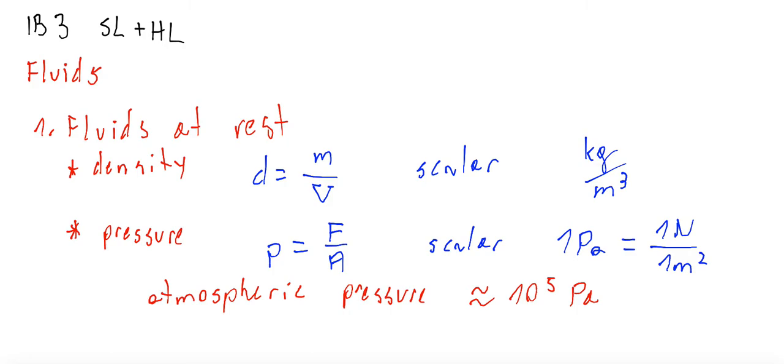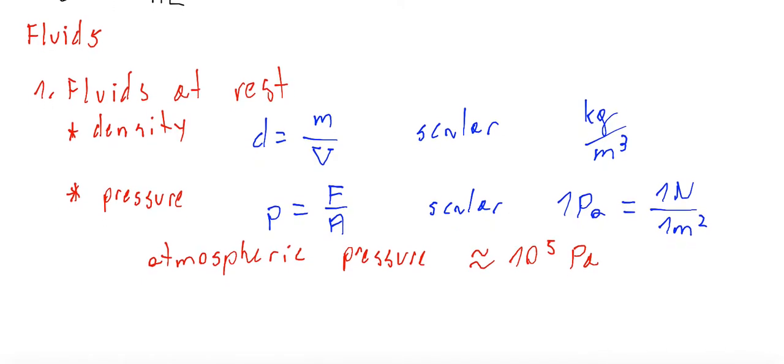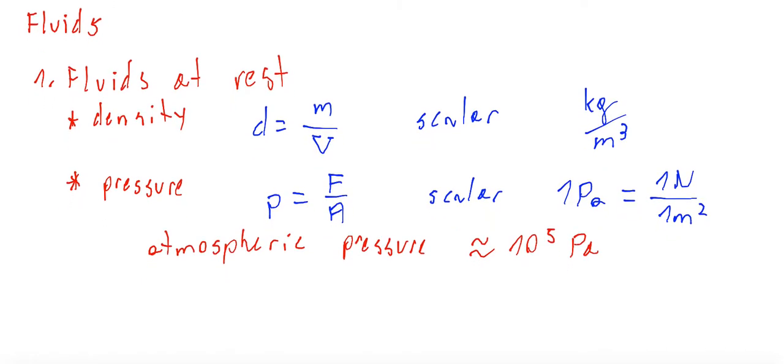And of course you have to remember that if you have an object located in a region where there is a difference in pressure, let's imagine that this is a fridge.